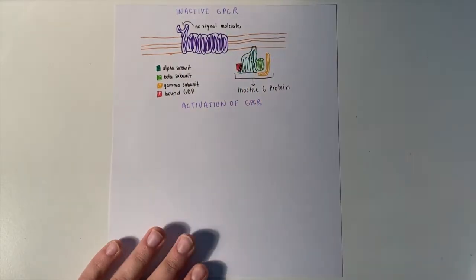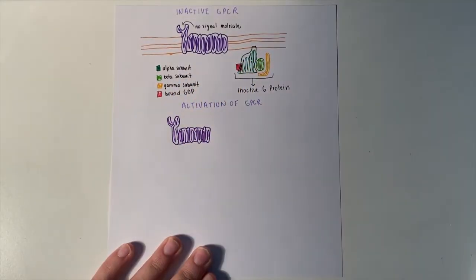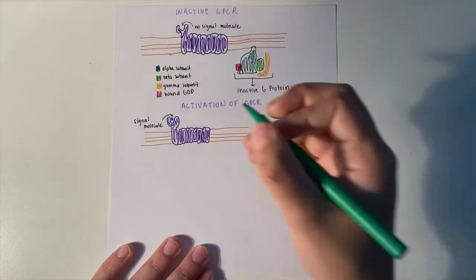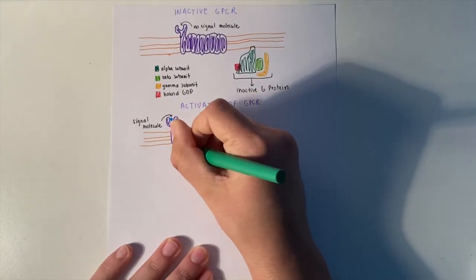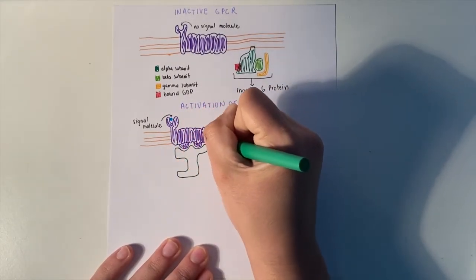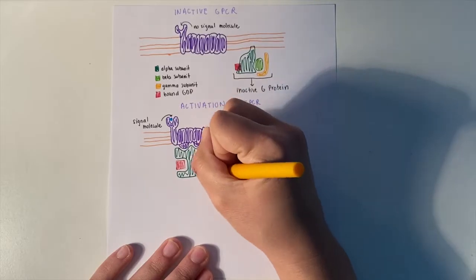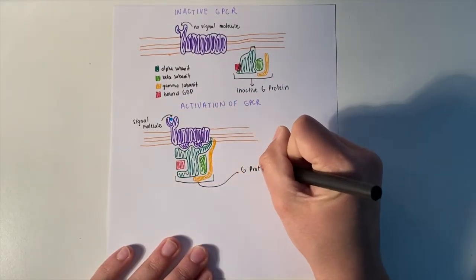To activate the G protein, the first thing that happens is a signal molecule binds to the GPCR receptor. This changes the shape of the GPCR, which in turn activates a G protein that is associated with the receptor at the cytosolic face of the membrane. The change in shape by the receptor causes a secondary change in shape in the G protein.